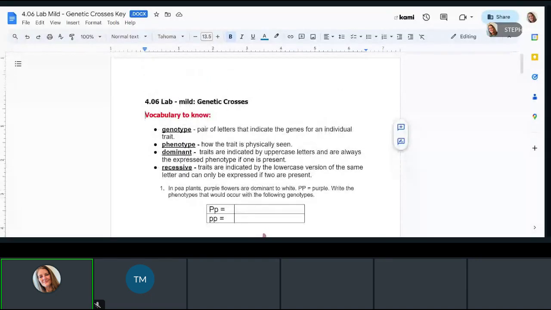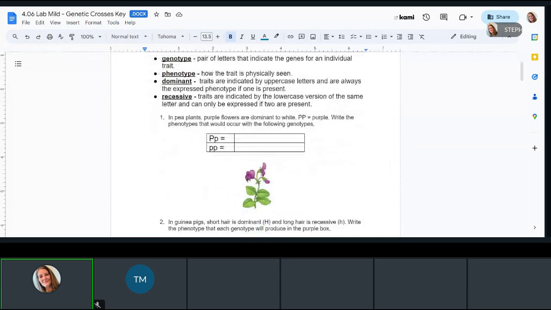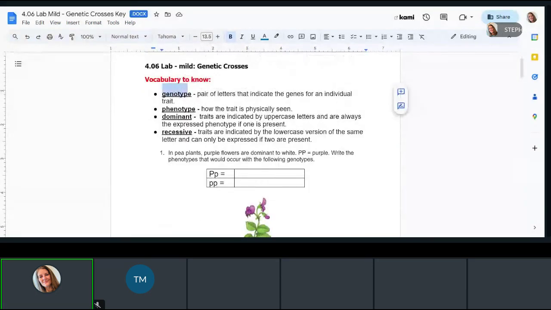So as you know, we've been going over these terms and everything in class. So you've heard all these terms, but just for this worksheet in particular, just a reminder, some terms to remember for this particular lab is genotype. So the genotype is the pair of letters. So it's these letters right here that go with the genes for a specific trait, okay?